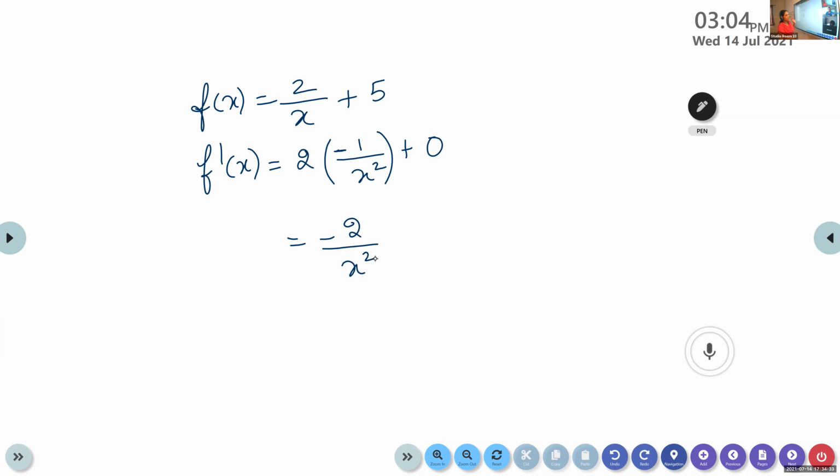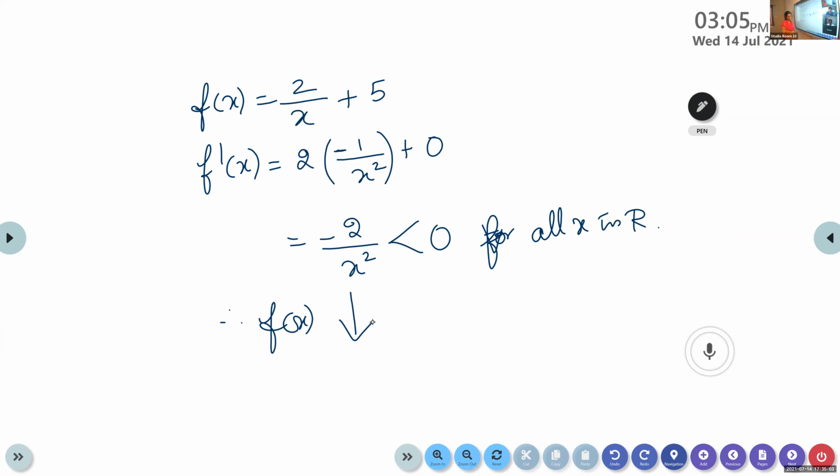2 is a positive quantity. What about x square? It is always positive, isn't it? Whenever we square a number, it will always be positive. So 2 is positive, x square is positive. Now we have a minus in front, so we get minus 2 by x square, which is always less than 0 for all x in R. Therefore, f of x is a decreasing function.